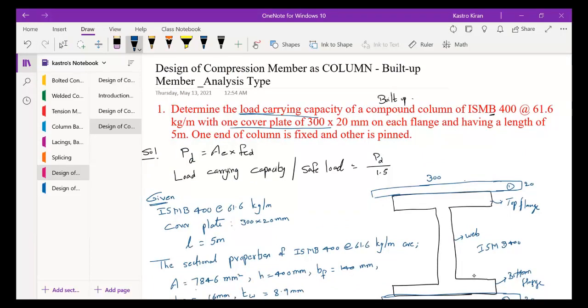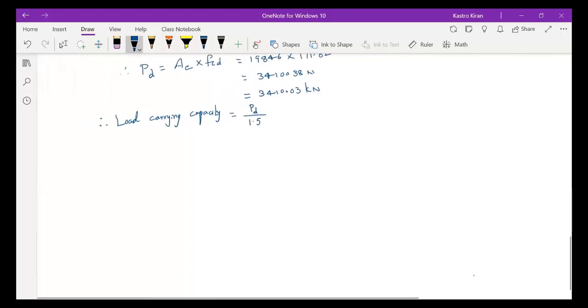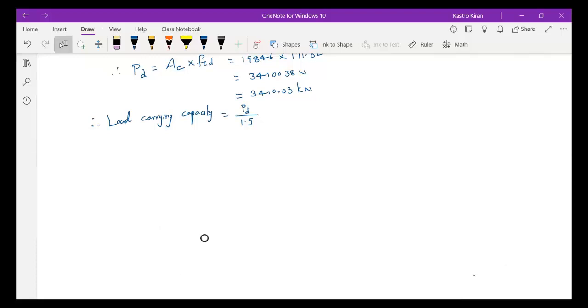I told you in the beginning of the class, load carrying capacity is calculated as PD by 1.5. Therefore, load carrying capacity equals PD by 1.5. The value of PD is 3410.03 upon 1.5.